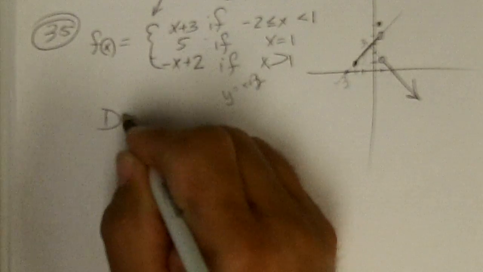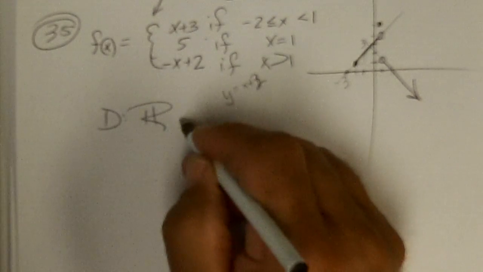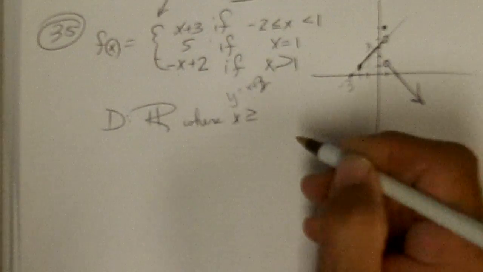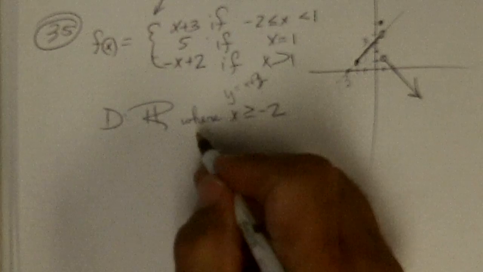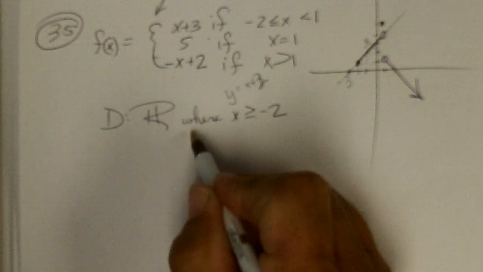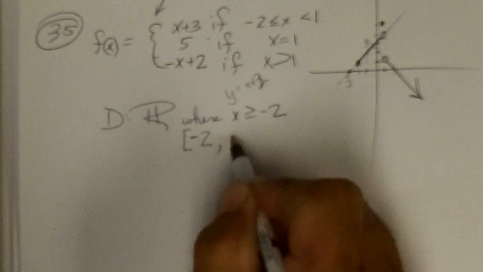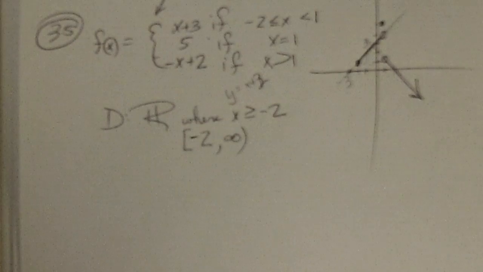So the domain is all reals where x is greater than or equal to negative 2. Or you could do it in interval notation from negative 2, including negative 2, to positive infinity. We've got x's for all those.